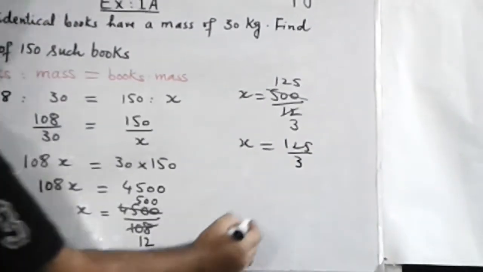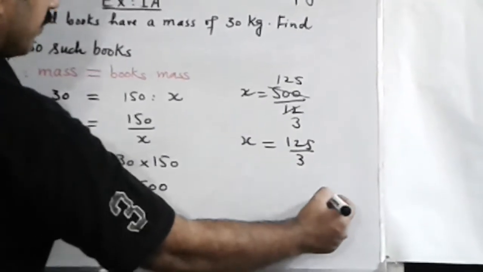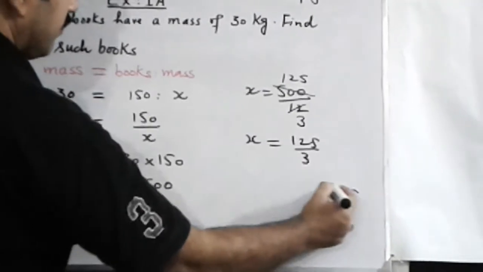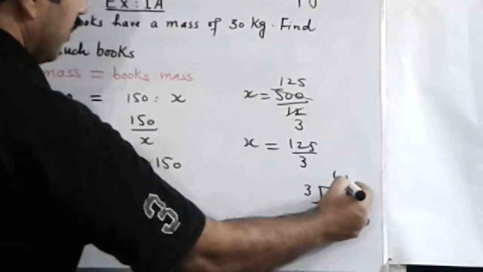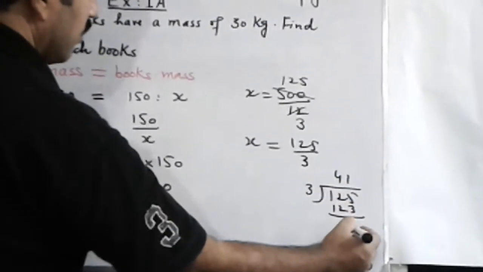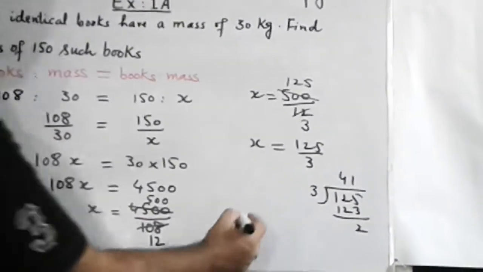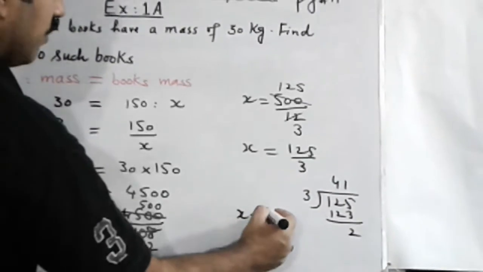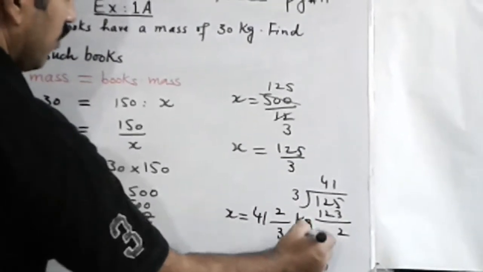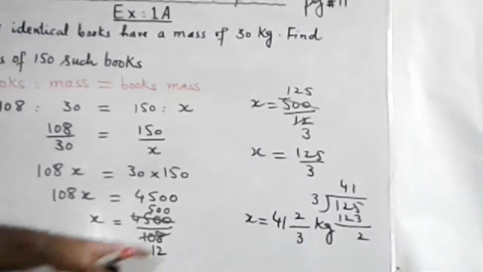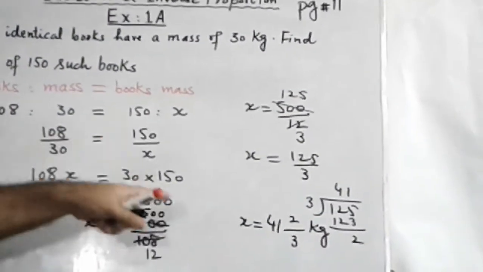Now divide 125 by 3. 3 fours are 12, 3 ones are 3, 2 is the remainder. So the value of x is equal to 41 whole 2 by 3 kilogram, because this is the mass of 150 books.